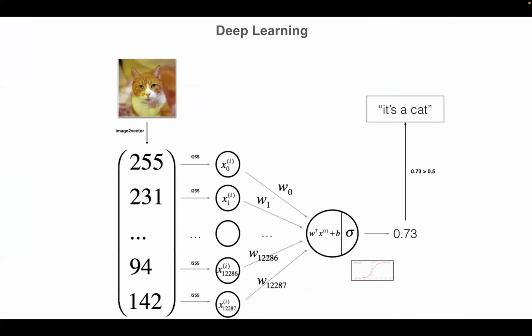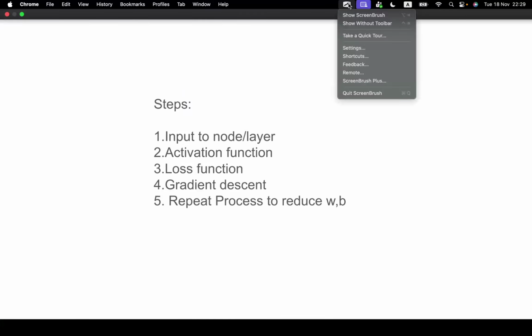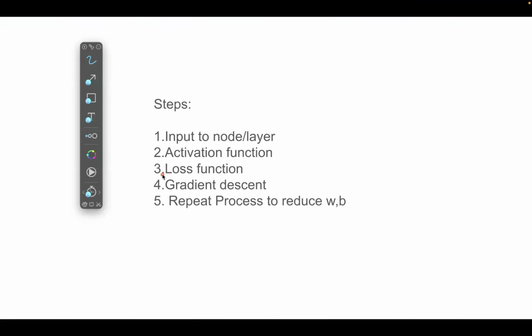All right, and then we now have the loss function. The loss function helps us calculate the loss. There's cost function and there's loss function; they are the same thing actually.